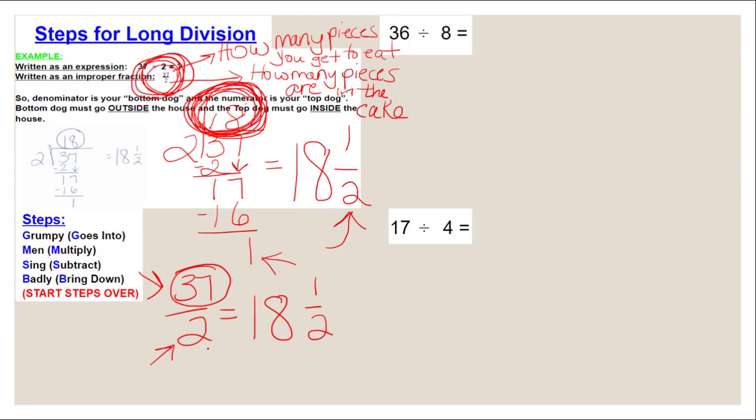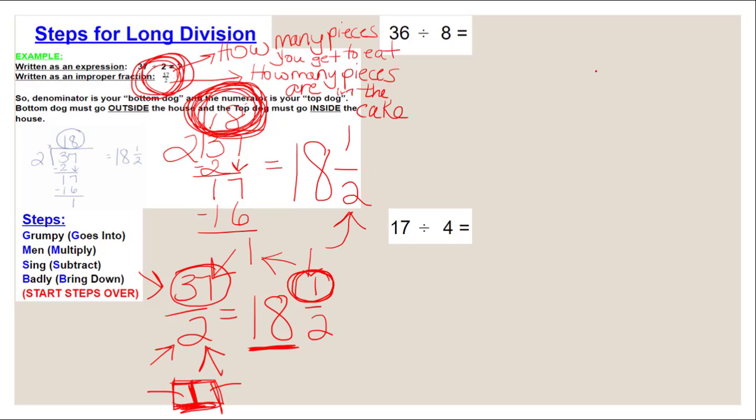And remember, there are 2 pieces in each of those whole cakes. The whole cakes look like this. And there are 2 pieces in each cake. So I end up having 18 whole cakes, and 1 more cake I get to eat 1 piece out of. I'm still getting to eat 37 pieces. Those pieces are just squished together into 18 whole cakes and 1 more piece.